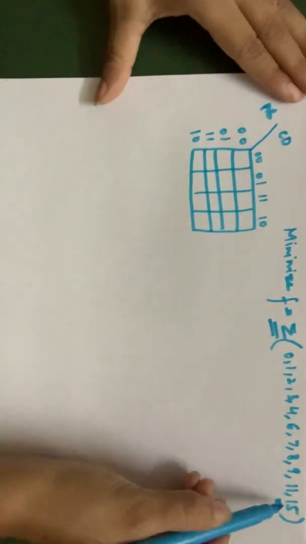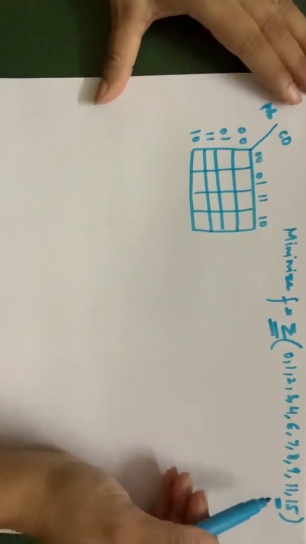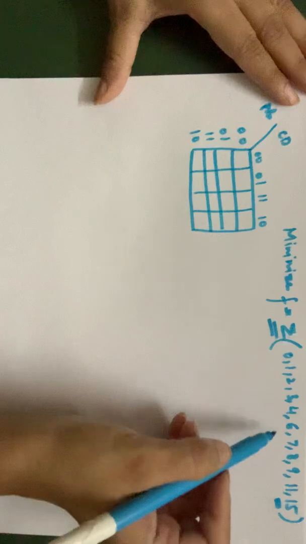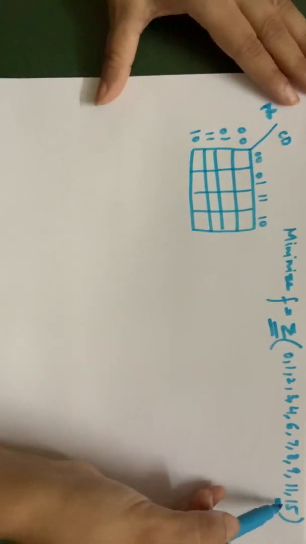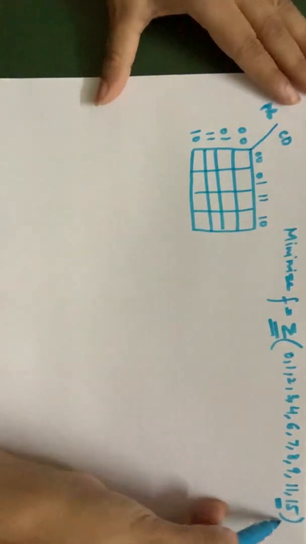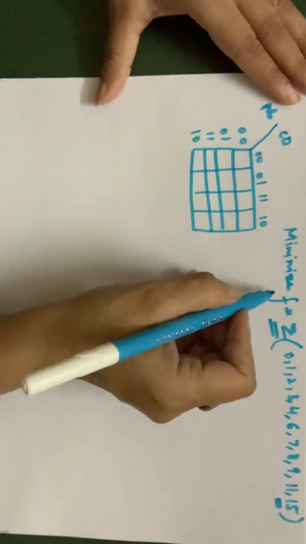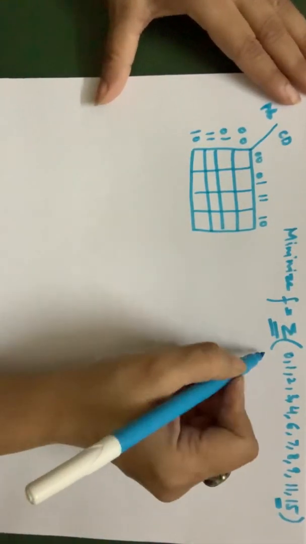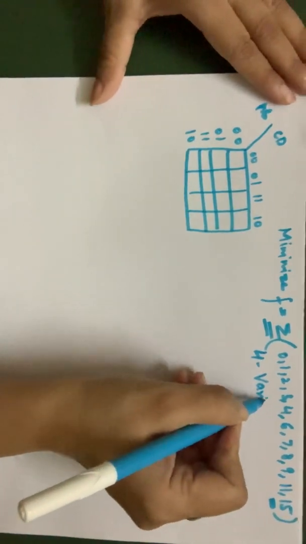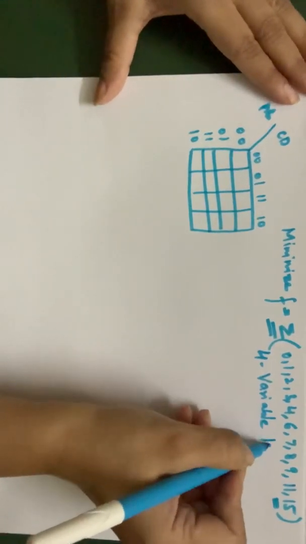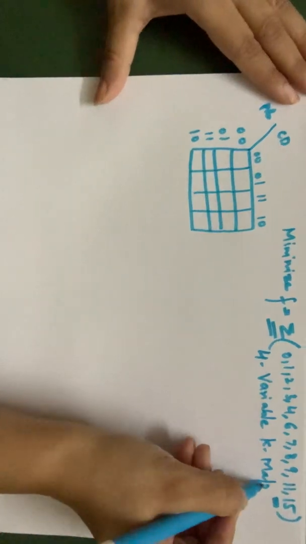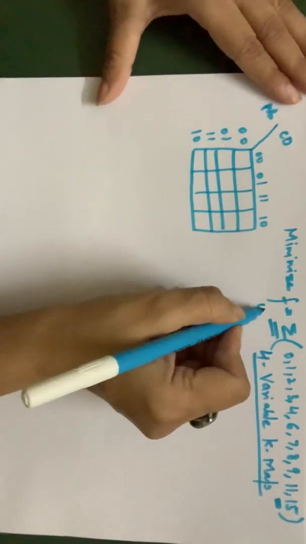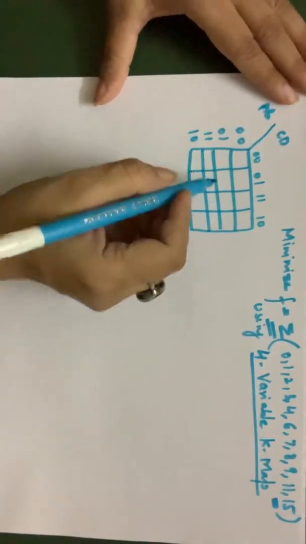Now what are the values? I have already described that we have to put the values wherein the digits have been given to us. So we have to minimize this using this 4 variable K-map. Now put in the values.